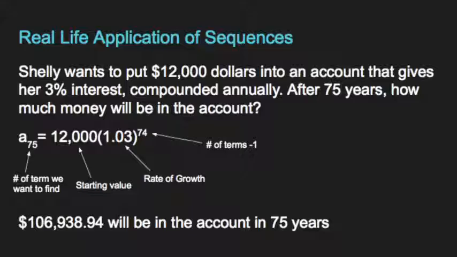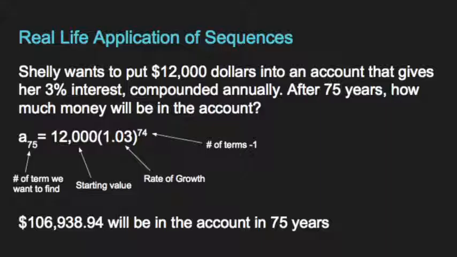You can calculate this because 100% of the money is the 12,000, and then the 3% interest is 3% each year, so you put in 1.03. And because of the n minus 1, you raise that to the 74th power.